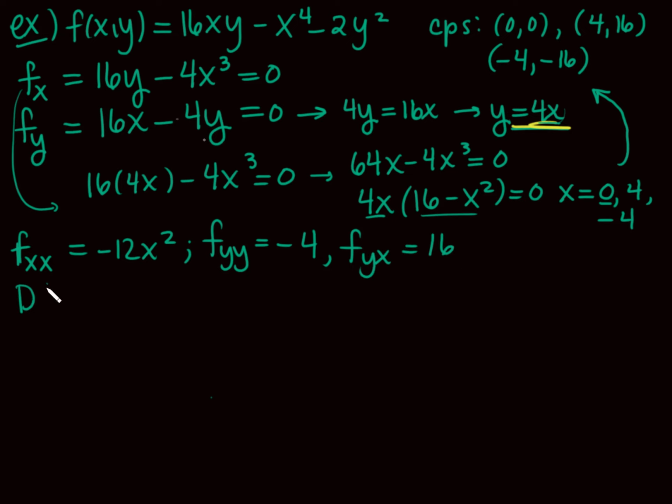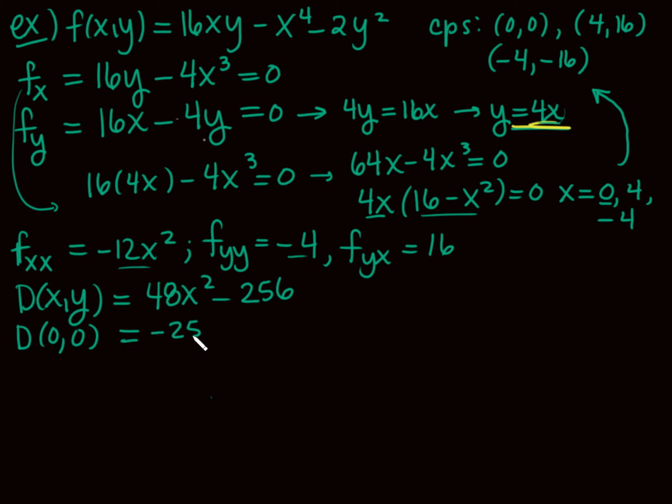So that leaves me with the function capital D of xy equals these two multiplied together. That'd be 48x squared minus 16 squared, which is 256. All right, so let's start testing our critical points. Let's do 0, 0. 0, 0 is always an easy one. If I plug in 0, 0, I get negative 256, which is less than 0, so we have a saddle point. So no extrema at that point.